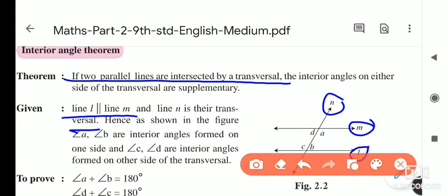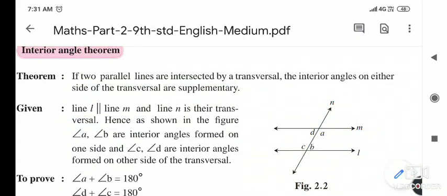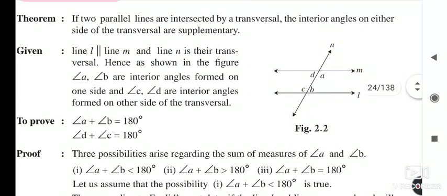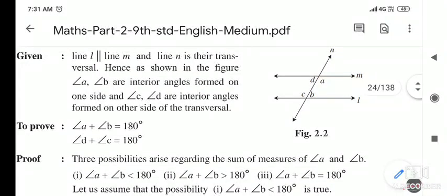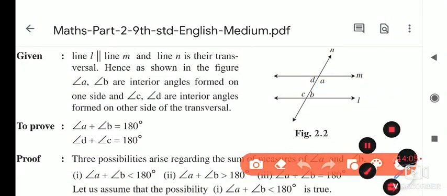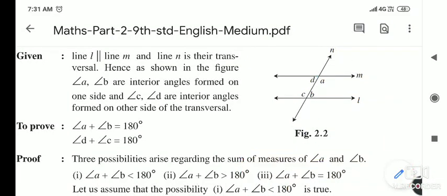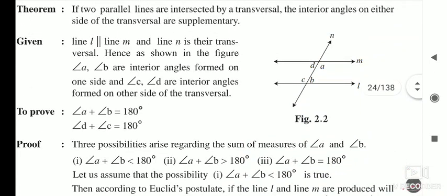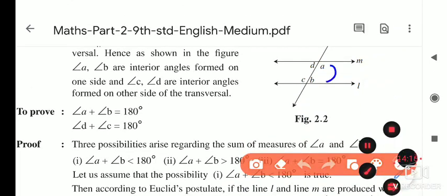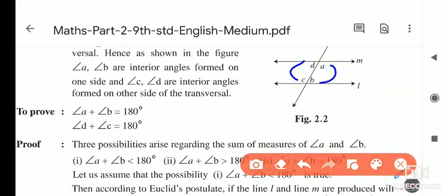And the next point is, as shown in the figure, A and B are the interior angles formed by line N towards one side of the transversal, and D and C towards the other side of the transversal. Now what we have to prove is that A plus B is equal to 180 and D plus C is equal to 180 degrees.